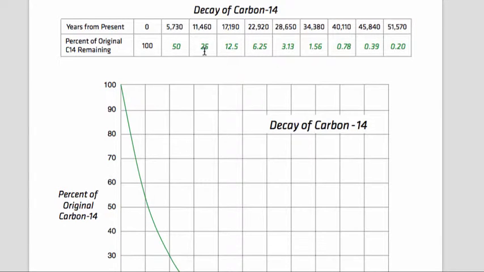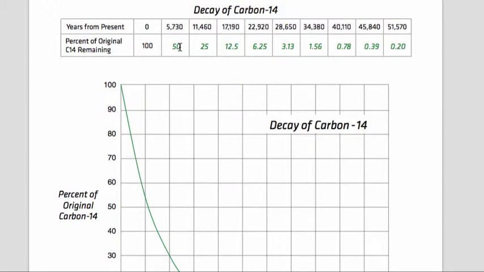And that's because it's all due to probability. It's kind of like flipping a coin. Every unstable isotope flips a coin essentially every 5,730 years. So if you flip 100 coins, you should end up with about 50 heads and 50 tails. So what would happen here is 50% decayed and became nitrogen, but 50% stayed as carbon-14.